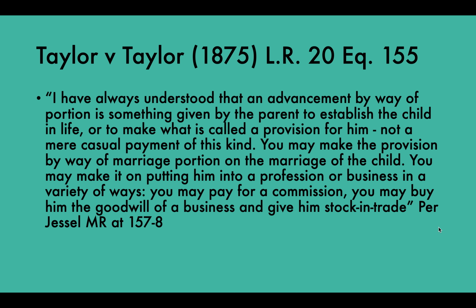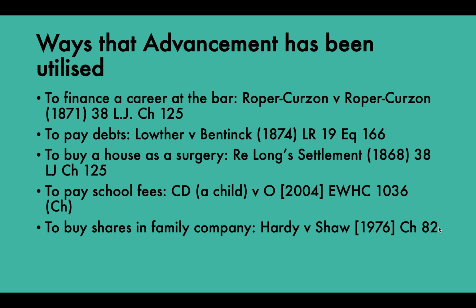Now, there are various ways you can benefit the beneficiary. You can help them get an education, you can help them start a business, you can help them get married, etc. So this is saying that the advancement must be beneficial. And Jessel here is saying that there are some different ways that advancements were made and can be made to benefit the beneficiary. And here are some more examples of where advancements were made to benefit the beneficiary.